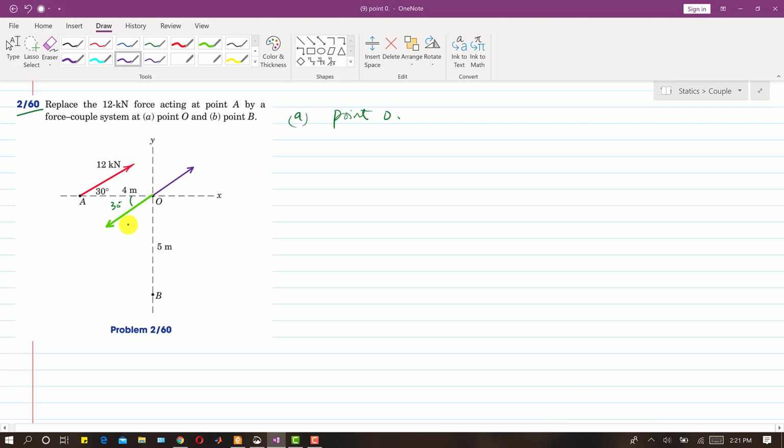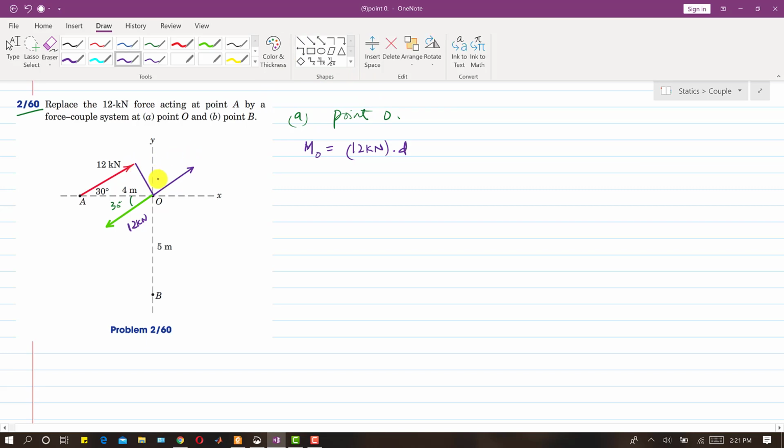Then this 12 kilonewton force and this 12 kilonewton force will produce a couple. What will be the magnitude of that couple? Let's suppose I write moment about point O. That will be equal to 12 kilonewton into the perpendicular distance. So what is the perpendicular distance? If I draw, this will be the perpendicular distance between these two forces.